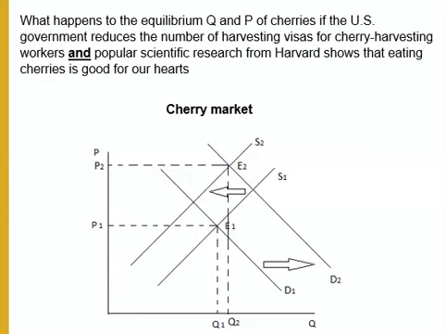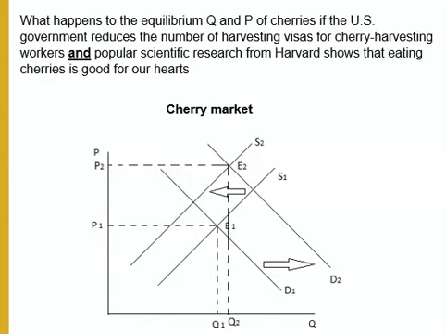Second, you have to decide whether each event affects demand or supply on this cherry market. If the American government reduced the number of harvesting visas for foreign workers, American cherry farms will lack people who can harvest cherries for them. And because cherries have a very short harvesting window, they turn bad quickly if they are not harvested on time.